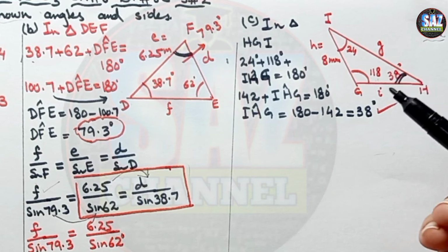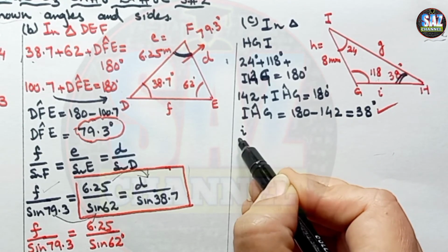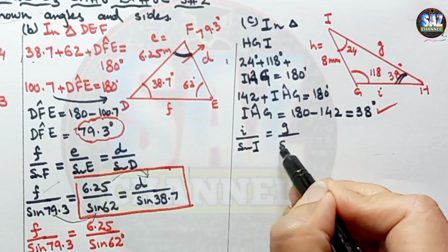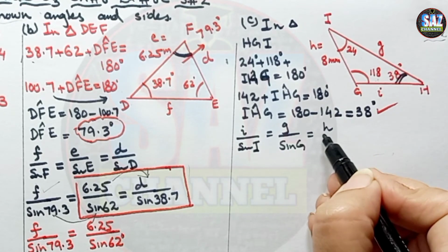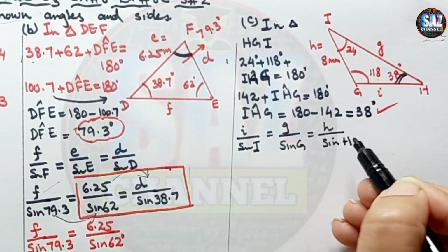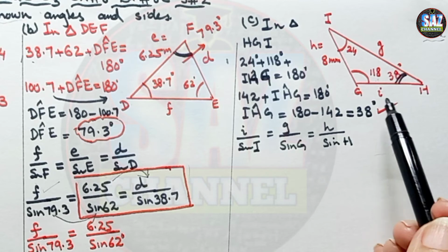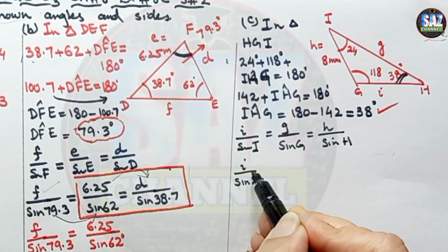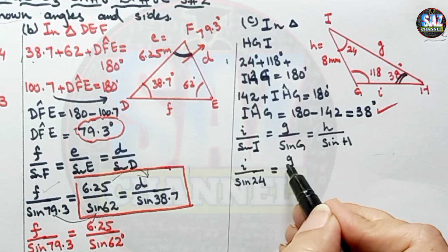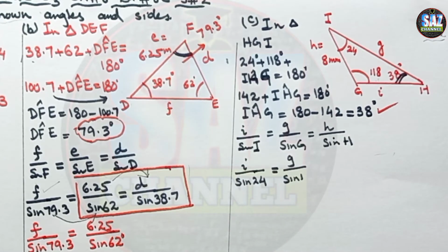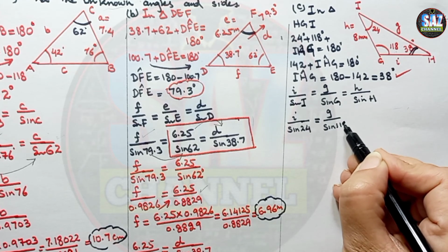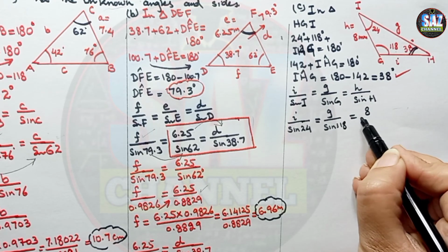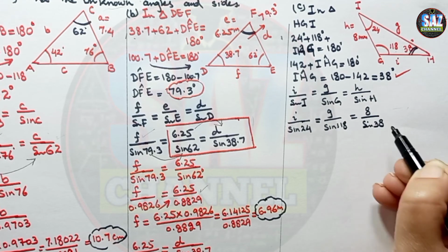According to the sine law, i upon sine I equals g upon sine G equals h upon sine H. Now replace the values carefully: i upon sine 24 degrees equals g, which is unknown, upon sine 118, equals h, which is 8, upon sine 38 degrees.